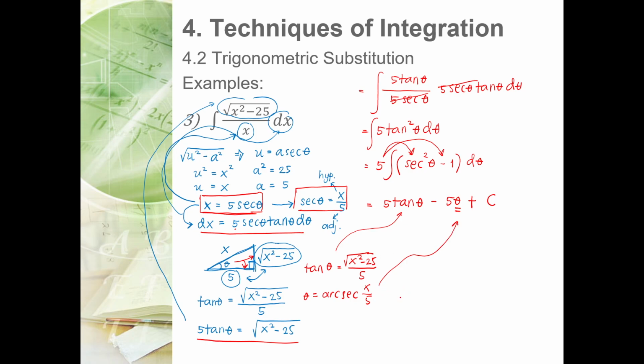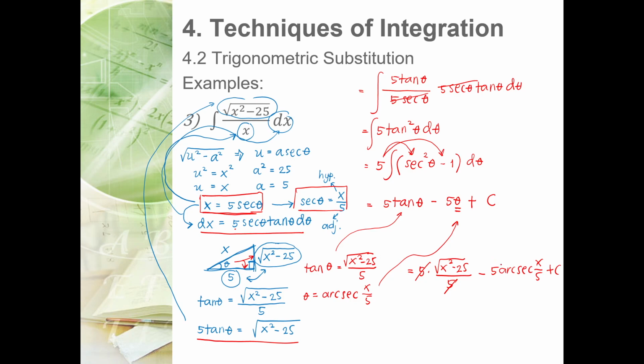So the final answer, let's try to view all the expressions. This will be 5 times the square root of x squared minus 25 all over 5, then minus 5, then replace theta with arc secant x over 5 plus c. We can still simplify this by cancelling out 5.